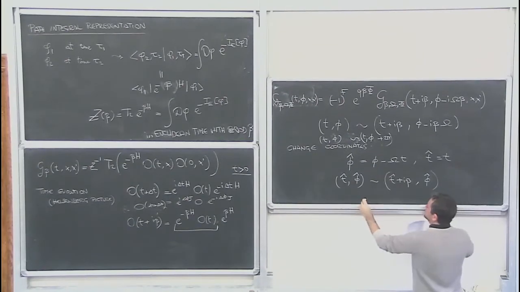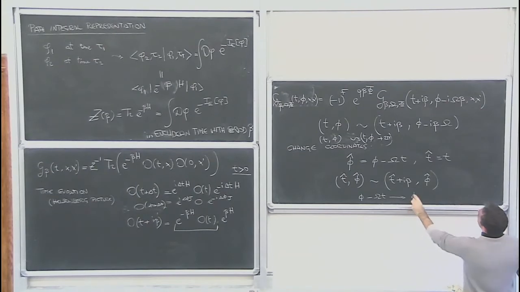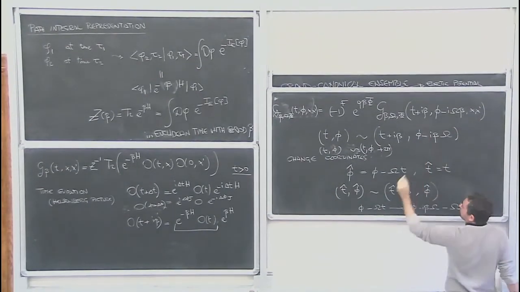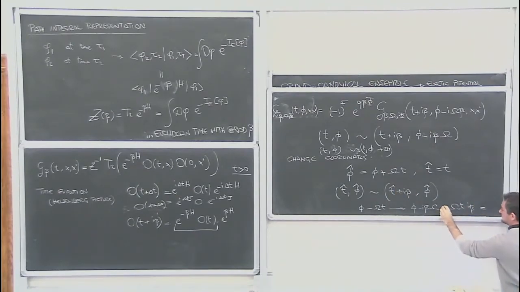So, okay, phi minus omega t goes into phi minus I beta omega, and then minus, I have omega t here, omega t, and I beta. So I should probably put a plus here. Probably I forgot to put the plus in the change of coordinates.